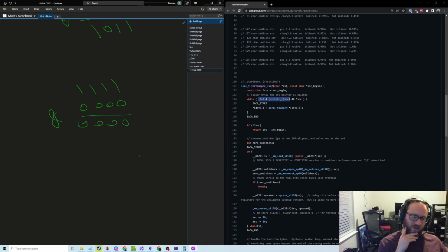And if the last four zeros of your address are 0, that means it's 16-byte aligned. And the easy way to do that is 2 to the 0, 1, 2, or 1, is it 2? What, 2 to the 3 is 8? So, yeah, 2 to the 4th. So 1, 1, 2, 3, 4. 2 to the 4 zeros equals 16.